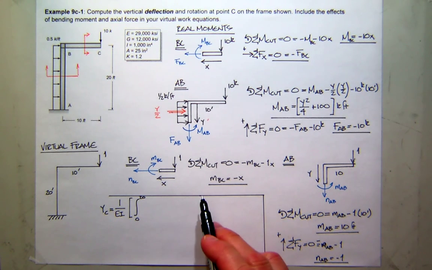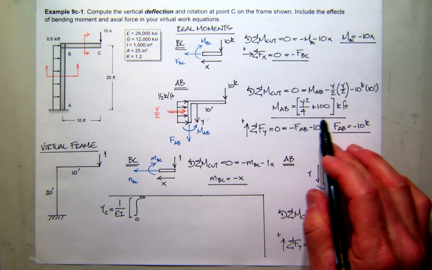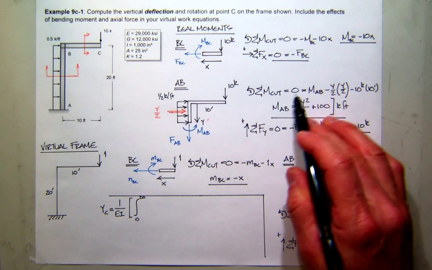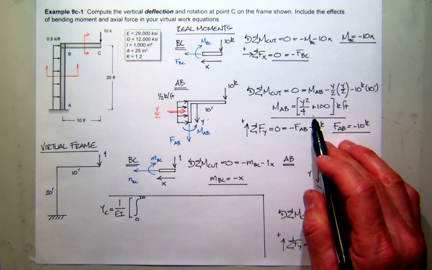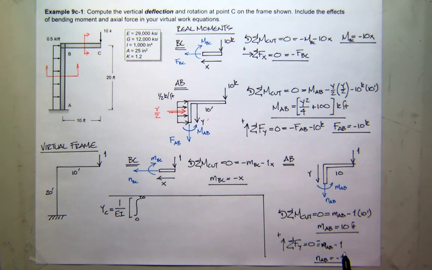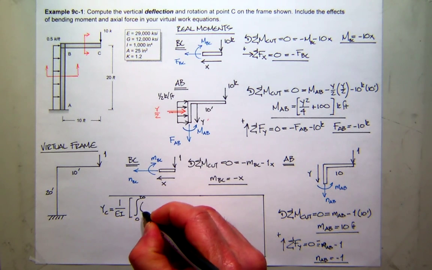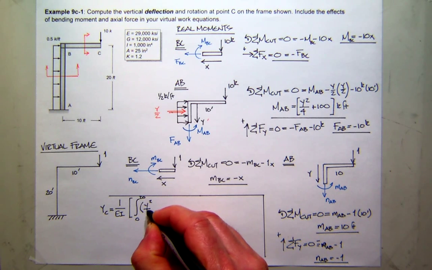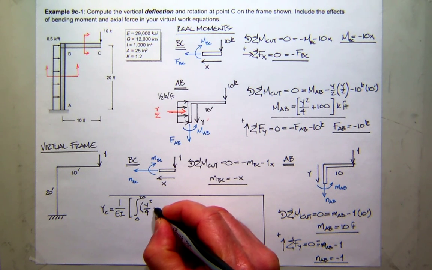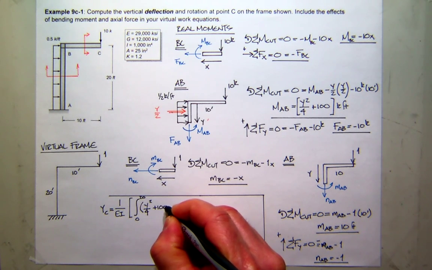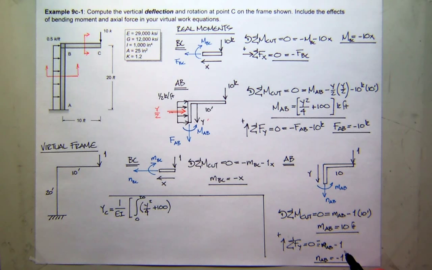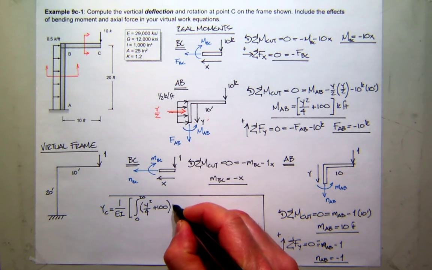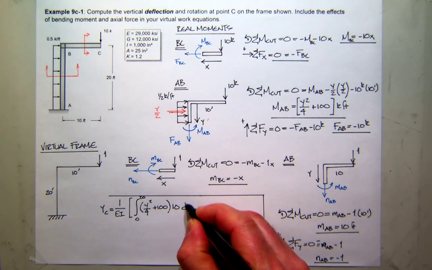The real moment is this thing, and the virtual moment is this thing. So I'll have a real moment of y squared over 4 plus 100 and a virtual moment of 10, and integrate that dy.